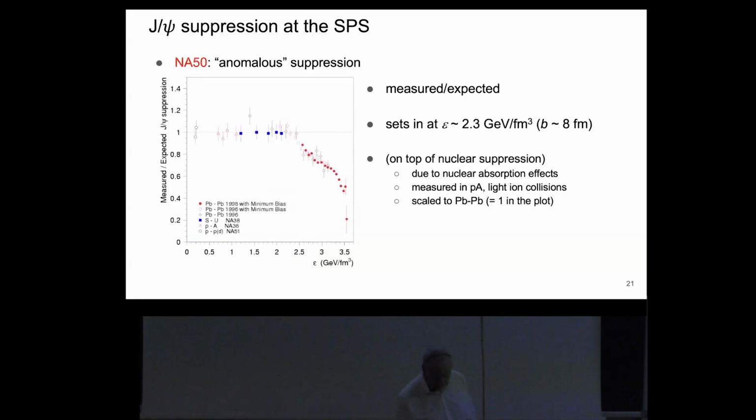This is again the legacy plot from the NA50 collaboration. What is shown here is the measured over expected J/psi suppression. The complication is that even for a purely nuclear, hadronic system, you do expect a certain amount of suppression in the production of J/psi because of interactions of the J/psi with other particles produced around the collision. That's why you have to go to this more complicated way to see the effect more clearly.